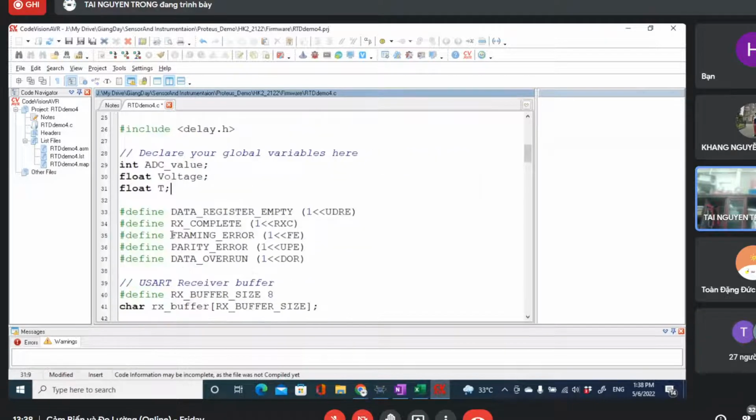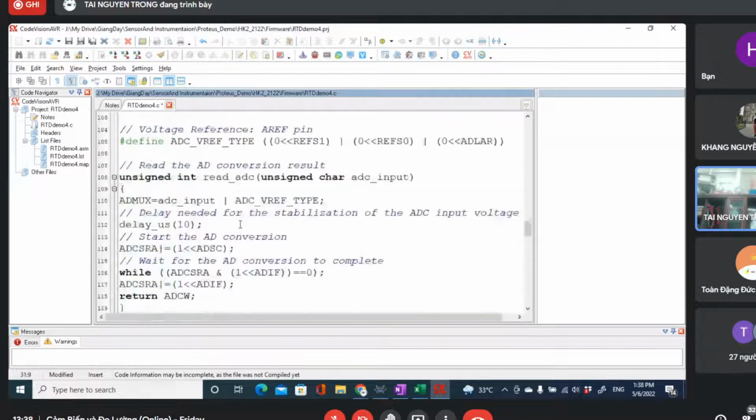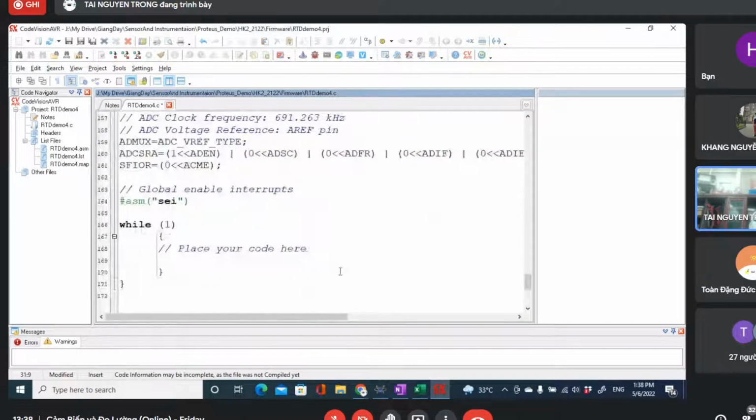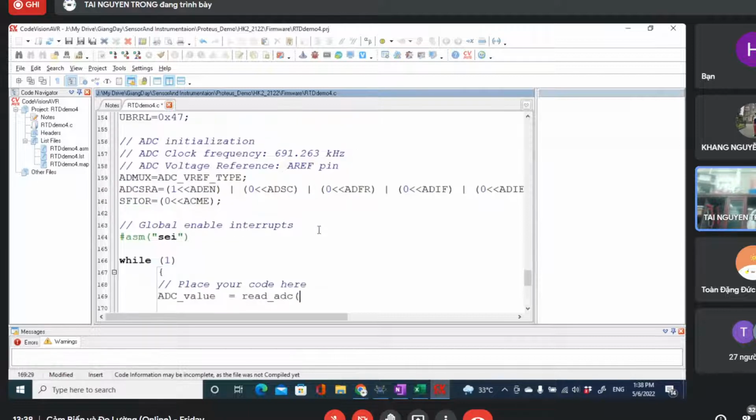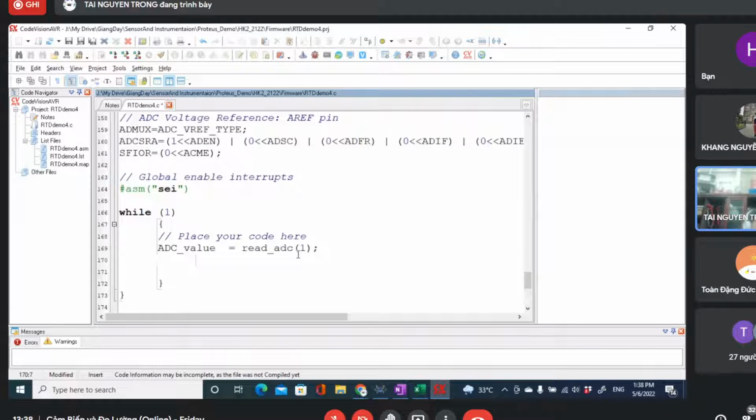Then at first we read the ADC value, and the ADC value equals this ADC reading. In this case we will use channel 1 and we test it out.